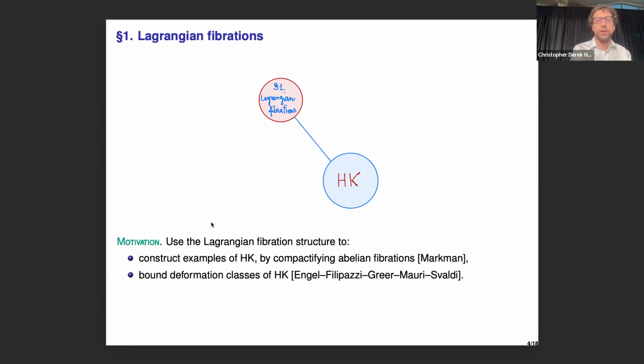And the second motivation is a paper that appeared last week, actually. And I think Phil will talk about it this afternoon, I think at 1:30. And so what is the idea? The idea is that there is a conjecture about hyper-Kähler: if this conjecture holds, so this means that every hyper-Kähler could be deformed to something which admits a Lagrangian fibration, then the analog of Kodaira's theorem that we saw for K3 surfaces holds.